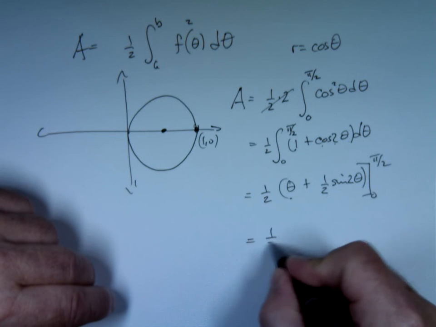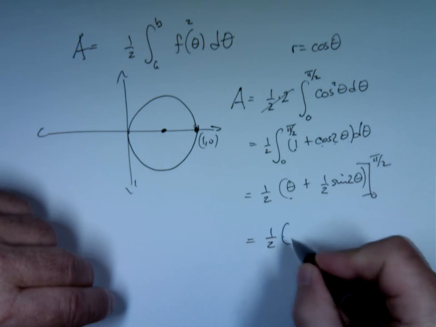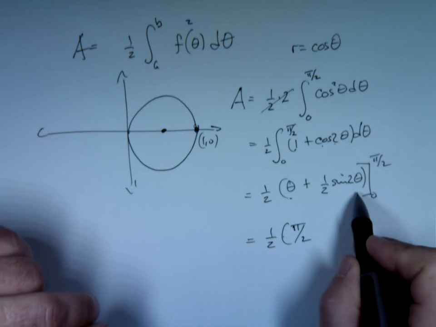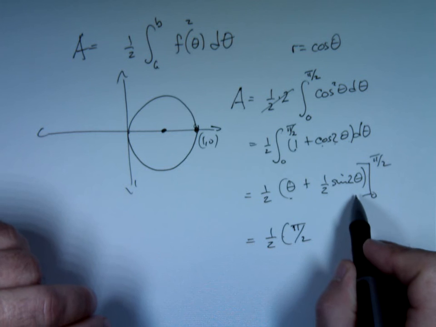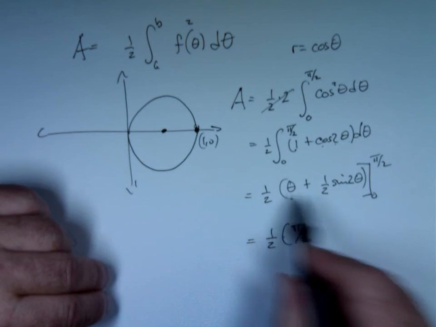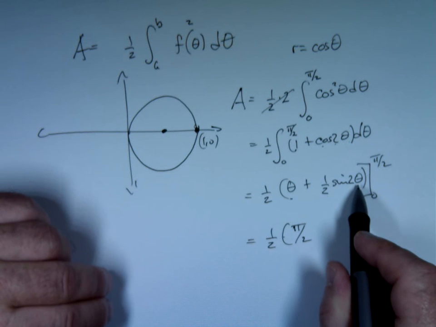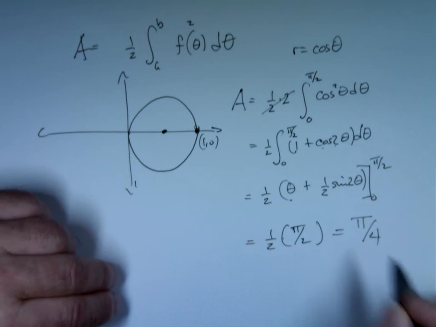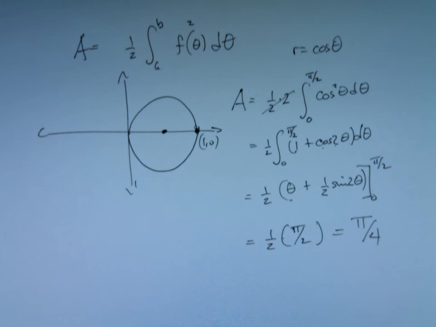Substitute in pi over 2. You get pi over 2. 2 times pi over 2 is pi, and sine of pi is 0. Substitute in 0, sine of 0 is 0. We get pi over 4, which is exactly what we said we would get.